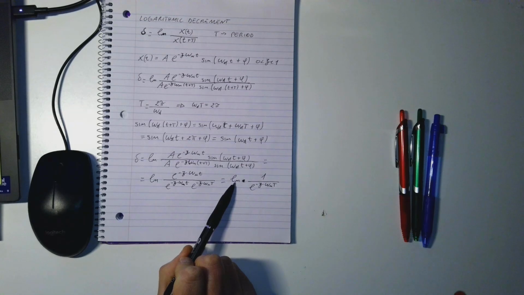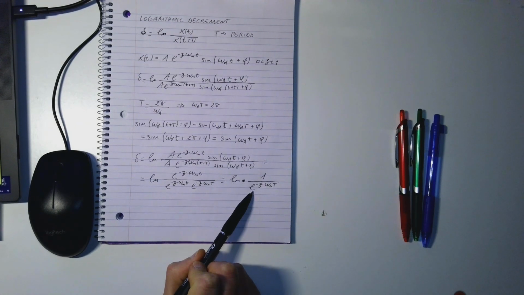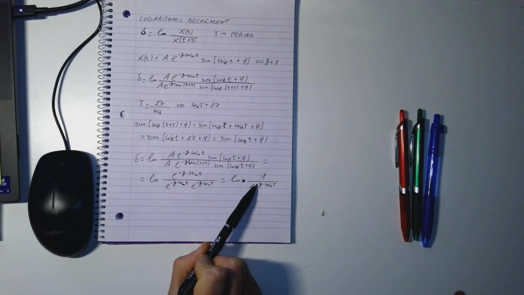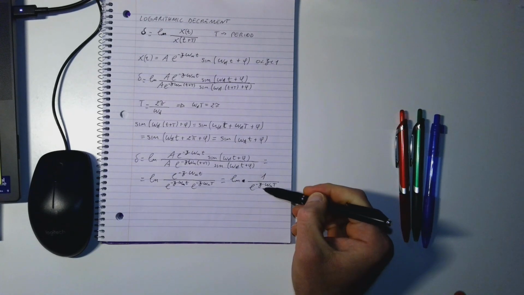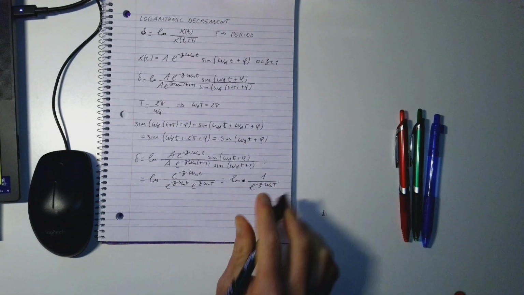So here we have a logarithmic function, and here we have an exponential function with a negative exponent, so we can bring this to the numerator.